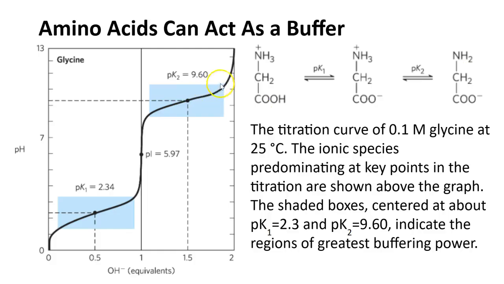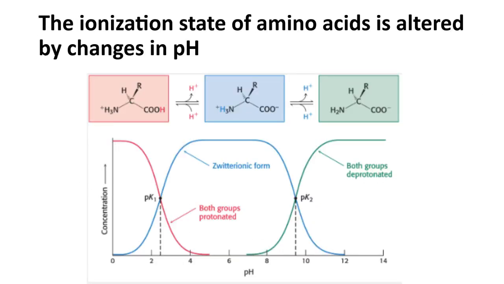And then as it gets more and more deprotonated, more and more of this form of the amino acid is the majority component of the solution. And this is another graphical demonstration of having different forms of that amino acid happening simultaneously.